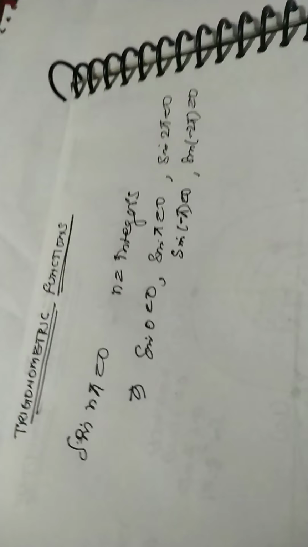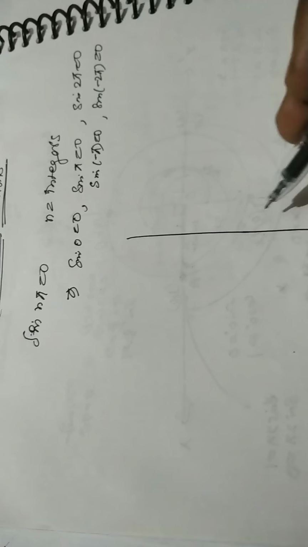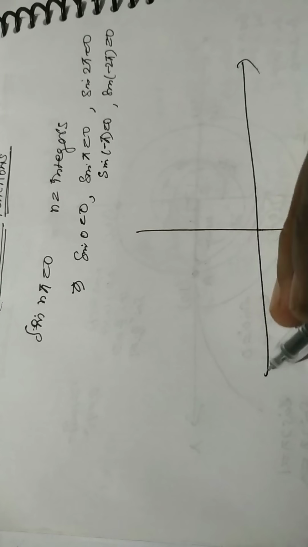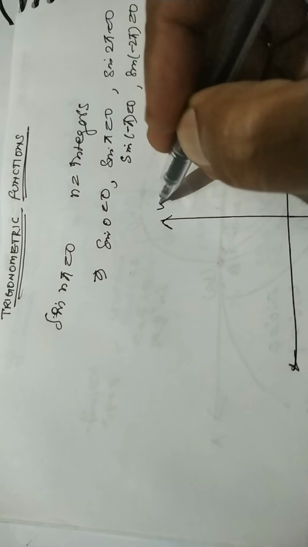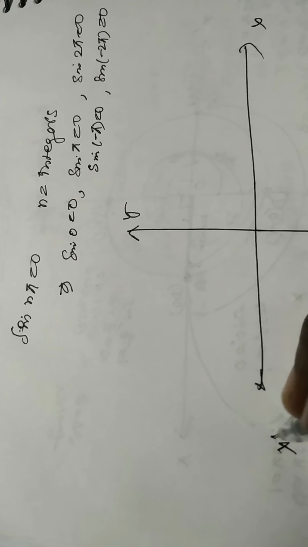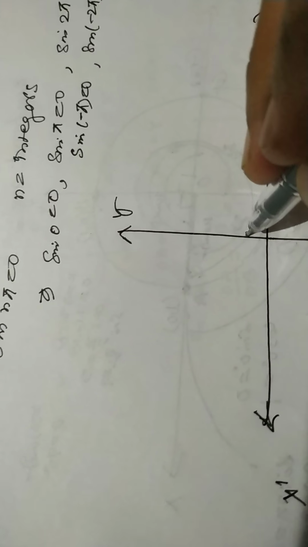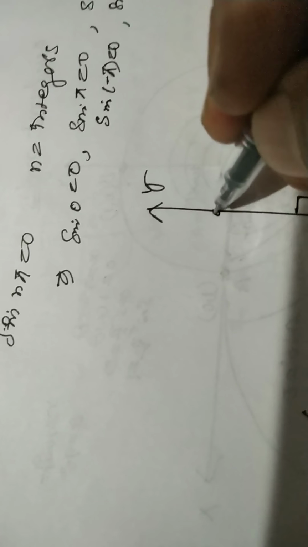Students, today we will discuss the quadrant angles of cos. Now draw this again. This is the Cartesian plane, with y axis, y dash, x axis, x dash. Where is cos 0?